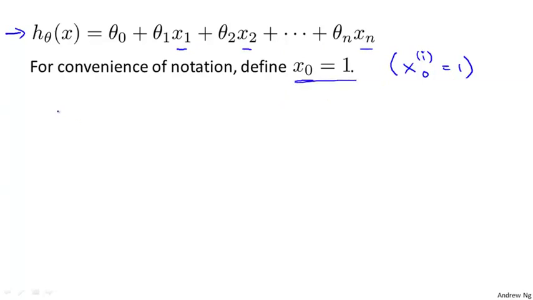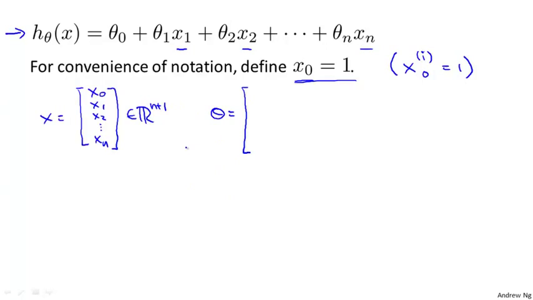So now my feature vector x becomes this n plus 1 dimensional vector that is 0 indexed. So this is now an n plus 1 dimensional feature vector, but I'm going to index it from 0. And I'm also going to think of my parameters as a vector. So my parameters here, theta 0, theta 1, theta 2, and so on up to theta n, I'm going to gather them up into a parameter vector written theta 0, theta 1, theta 2, and so on, down to theta n.